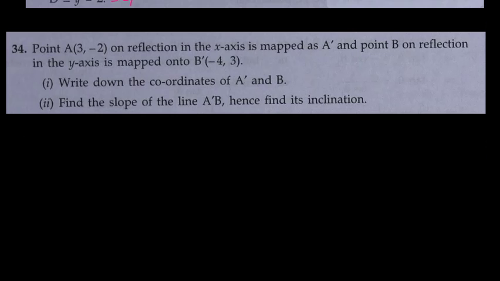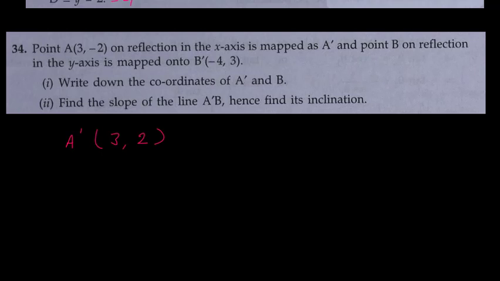Now let us see the last question. Point A on reflection in the x-axis is mapped to A dash. So when there is a reflection in the x-axis, its y coordinate changes and the x coordinate remains the same. So A dash will become 3, 2.